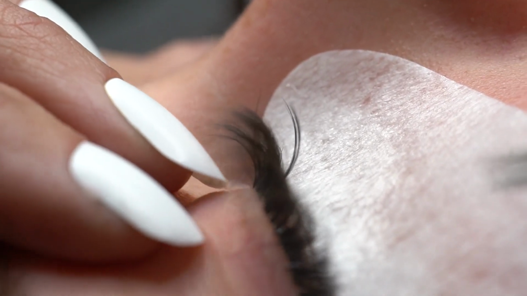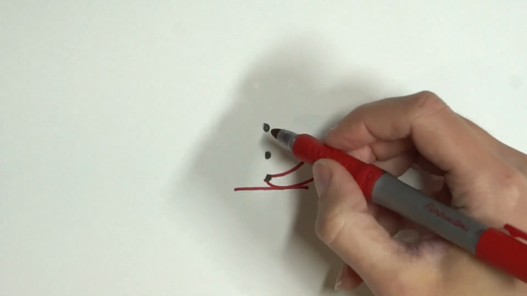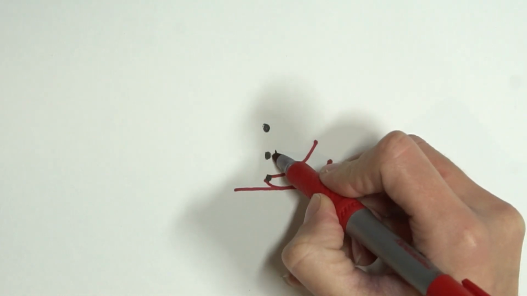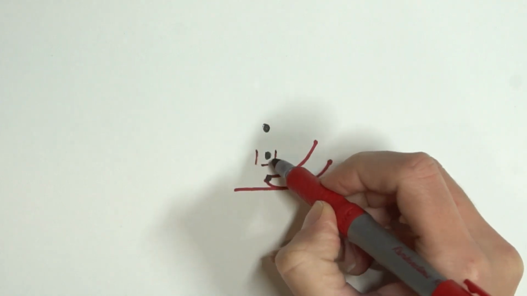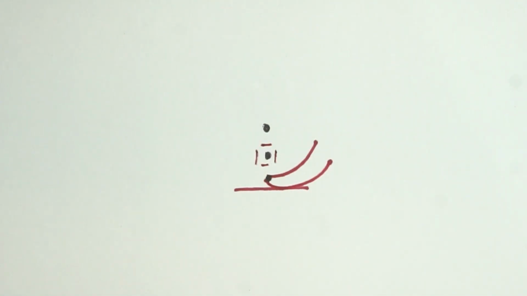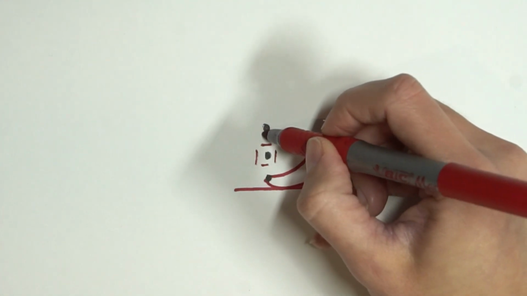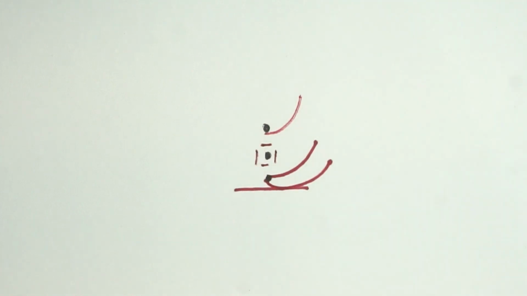Now, when we're working in the middle, you can apply on either side, and especially for classic, it's harder to do this with volume, but you can apply on the sides, underneath, or on the top, whichever you feel fitting. And then when we're working on the top, depending on the look you're going for, it is most of the time more appropriate to apply underneath.